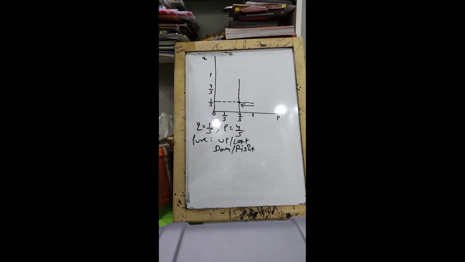Because P is decreasing. P is player 1's probability of going up. So if that is decreasing, that means 1 minus P is increasing, that is going down is what player 1 is seeking. So the best response function for player 2 in this scenario should be to go for right, because that was the Nash equilibria, right?